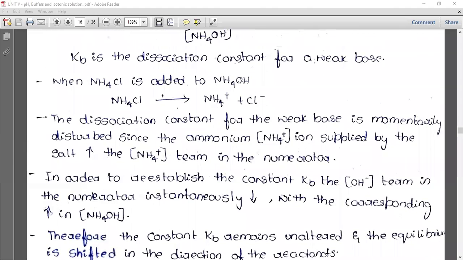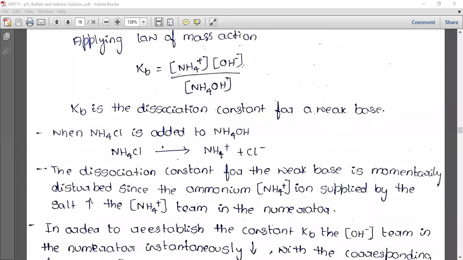Whatever numerator hydroxyl ion is there will combine with the ammonium ion which is in excess to form ammonium hydroxide. This ammonium hydroxide so formed is a weak base, so it slowly dissociates, because whatever hydroxyl ion was there is being taken up by the ammonium ion.